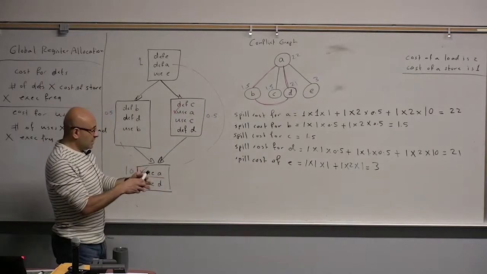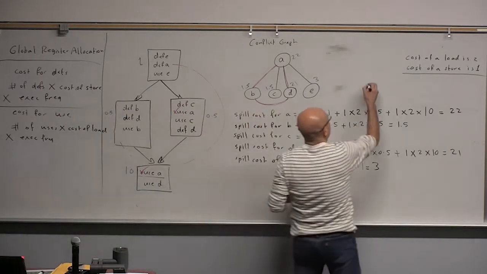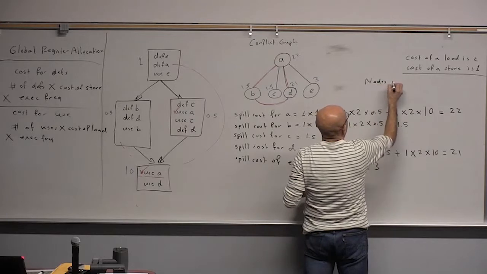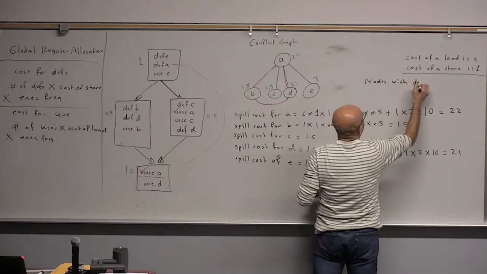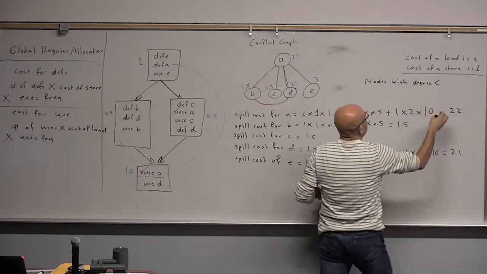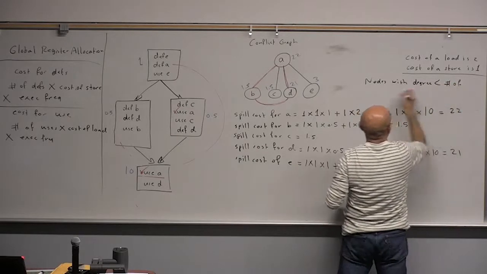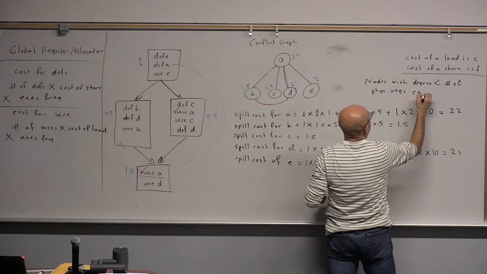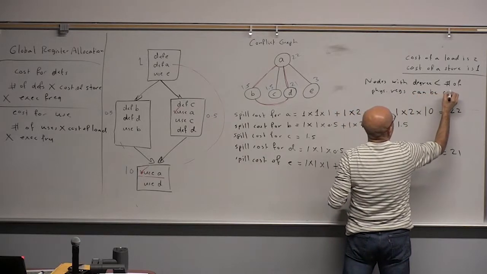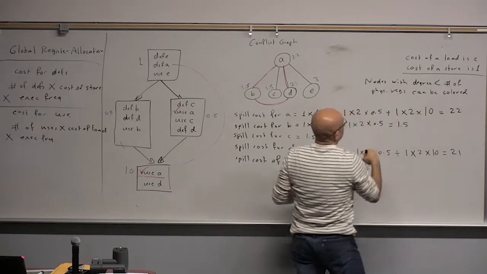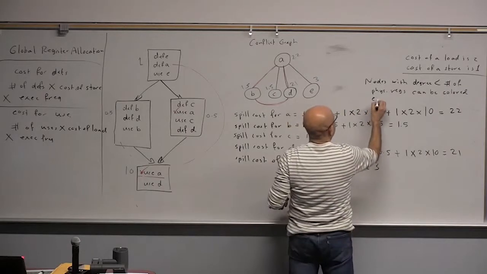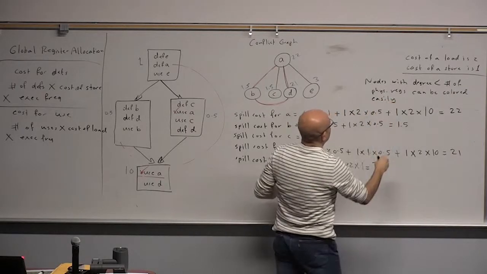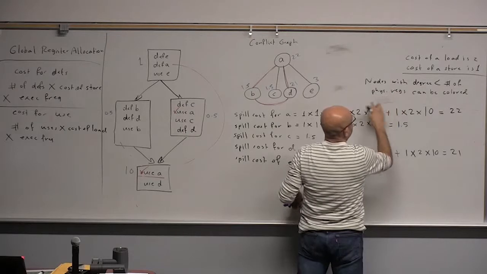So nodes with degree less than the number of physical registers can be colored easily, without a problem.